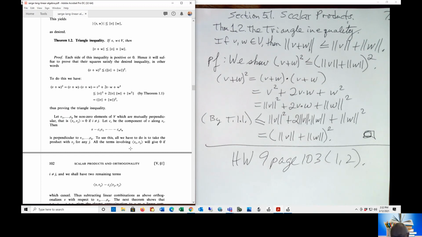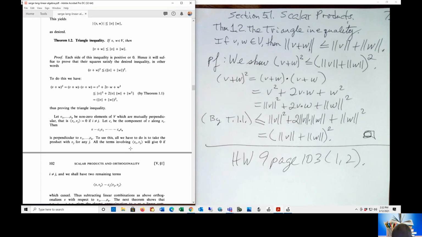Now, this next step is using the Cauchy-Schwarz inequality, theorem 1.1, where we can put in here that this is less than or equal to the norm of V squared plus twice the norm of V times the norm of W plus the norm of W squared.